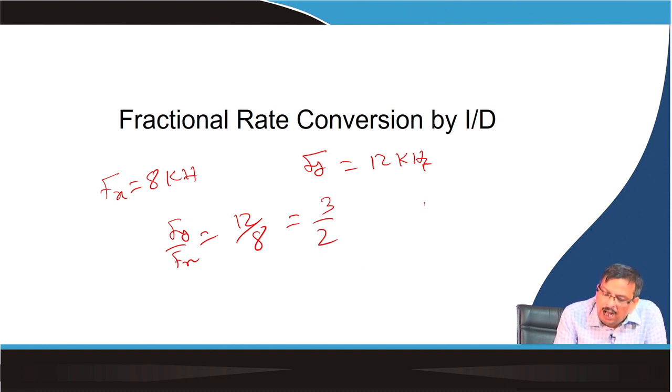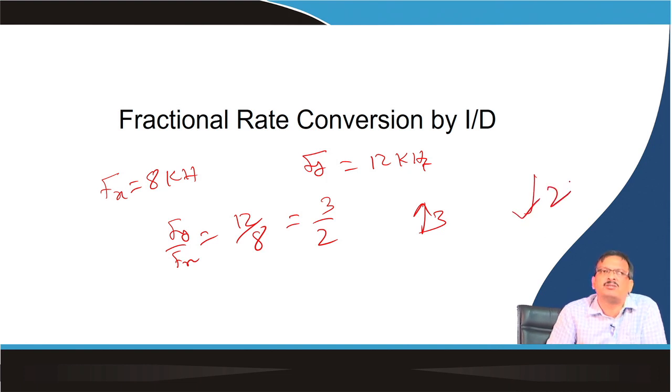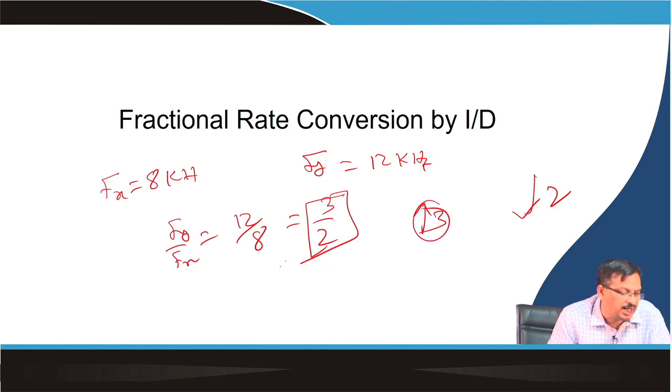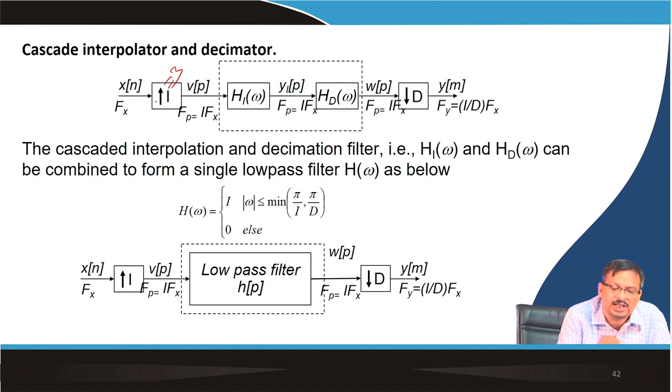So I have to upsample by 3 times and downsample by 2 times. This is called a fractional rate converter. So how do I do the fractional rate conversion? In this case, upsample by 3 times, so here I equals 3, and downsample by 2 times.